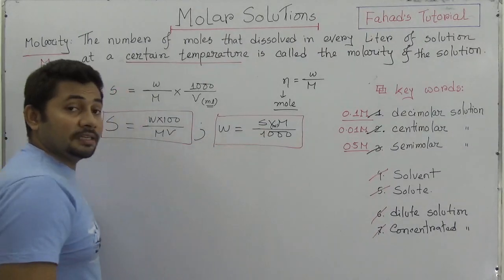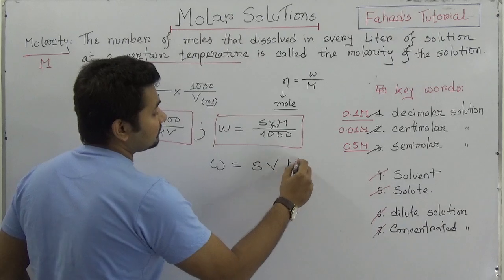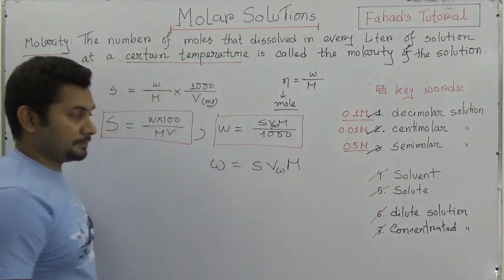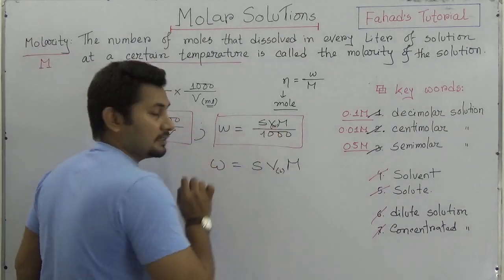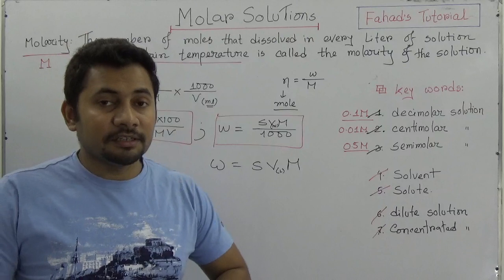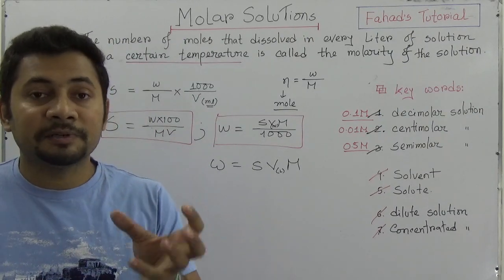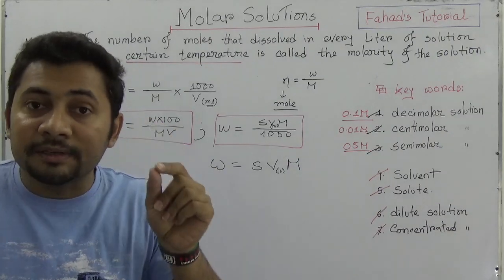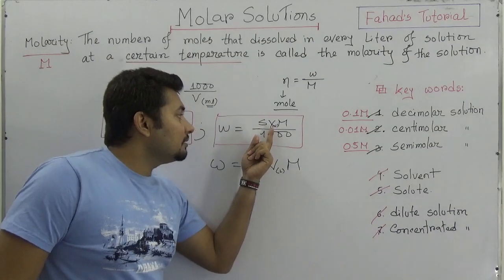If V is in liter, then only W equals SVM is usable. We use milliliter because in the laboratory we need to prepare solutions in milliliter, and when we count the molarity of any solution, we usually do it in milliliter.